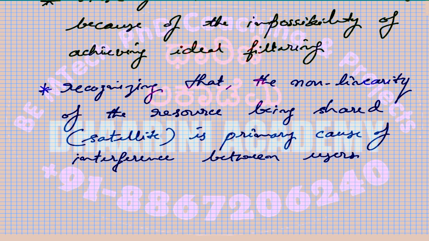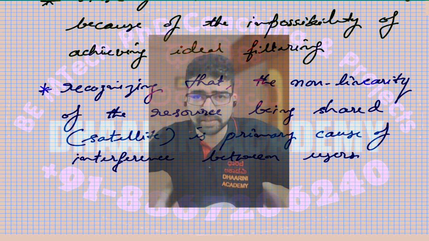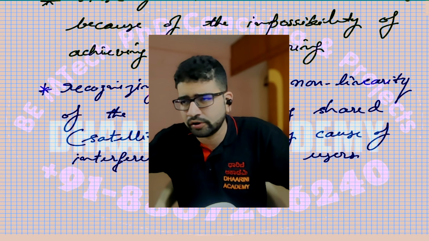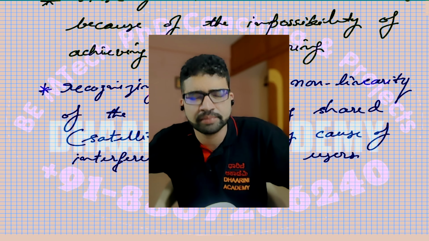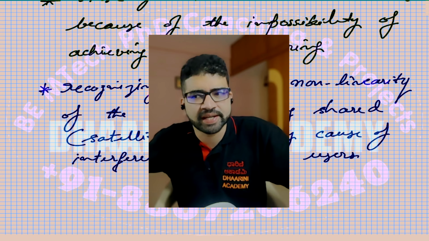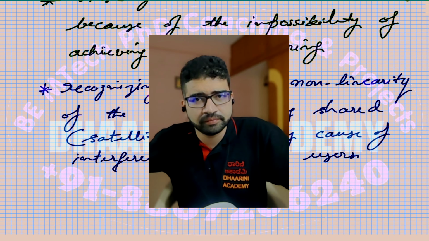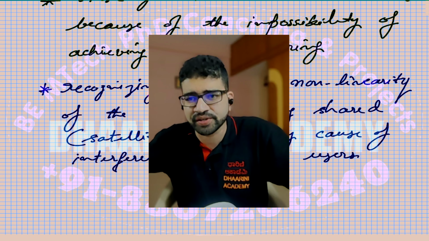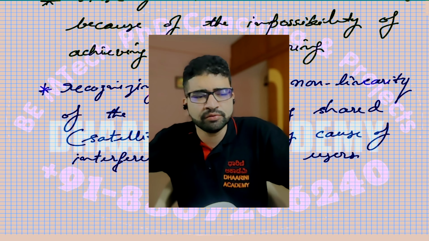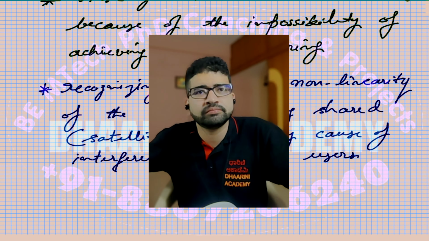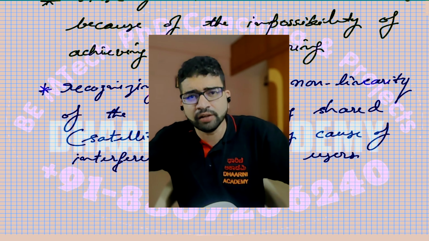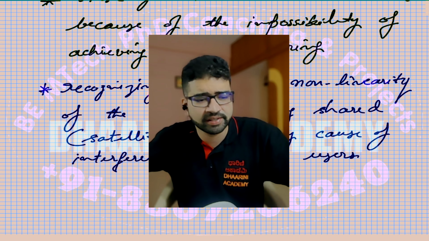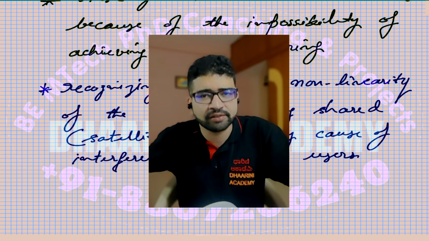Let's say we are using satellite communication, and you are allowing multiple users to communicate, maybe for a call or the reception of TV channels, etc. Because of this reason, whenever I use a particular BJT or FET inside that satellite transponder, it causes interference to the neighboring channel, obviously, as you can see from the output current equation, which is actually a nonlinear equation, right?